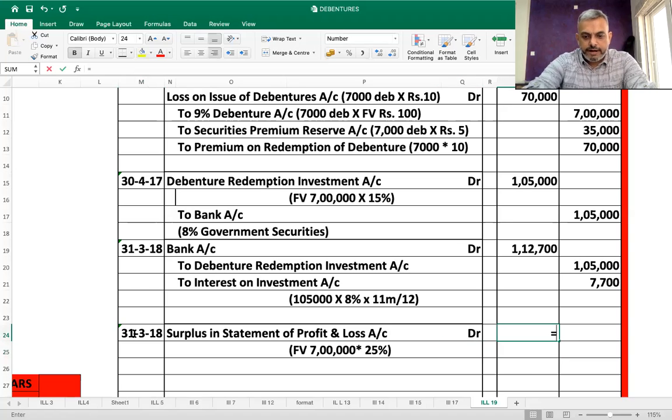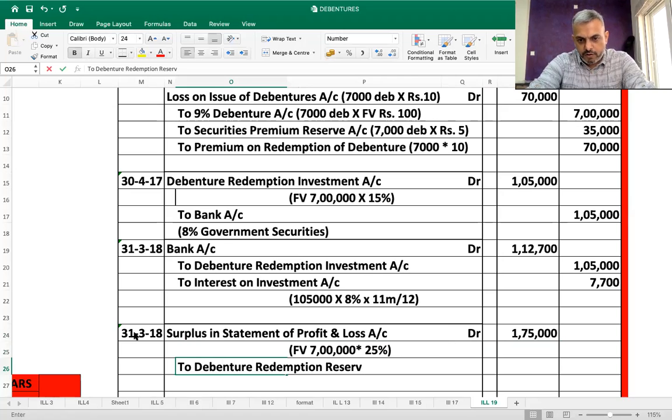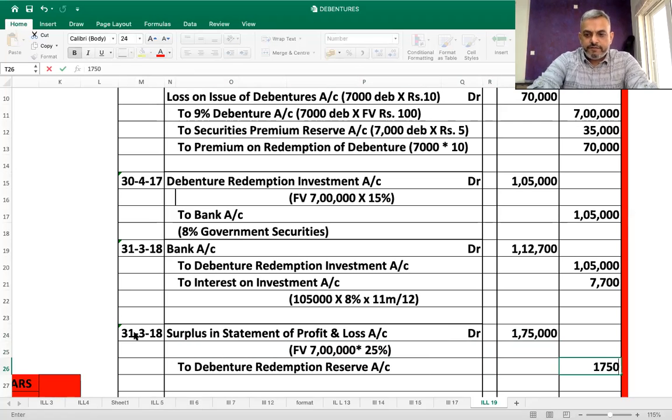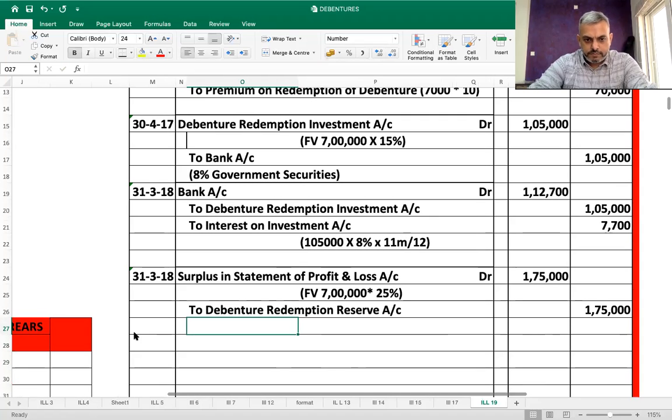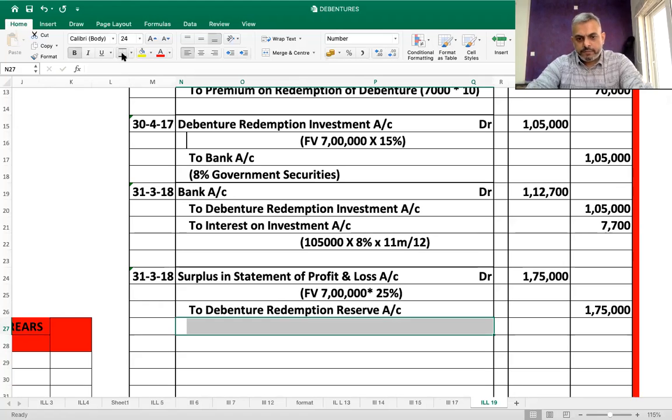Let's calculate. 1,75,000 to debenture redemption reserve account. 1,75,000. This is the minimum 25% to be transferred.